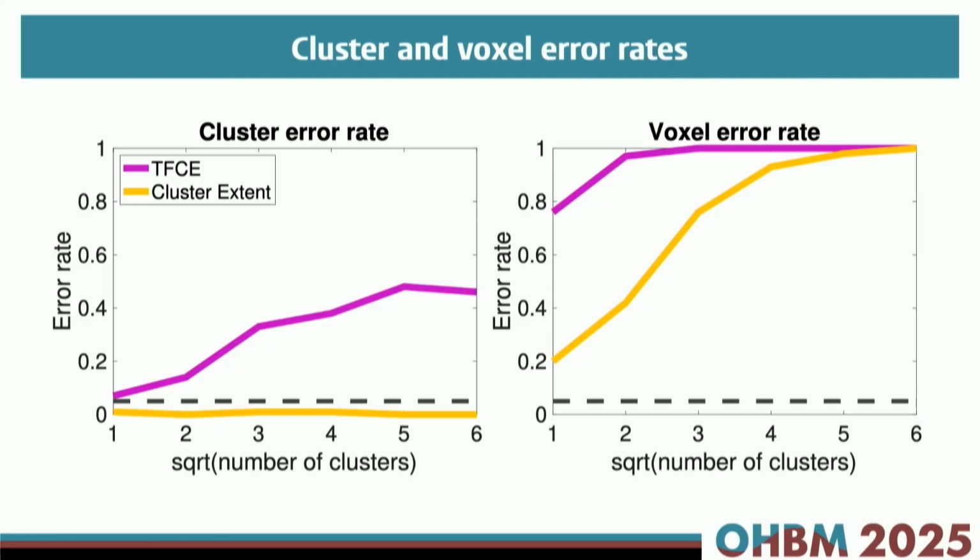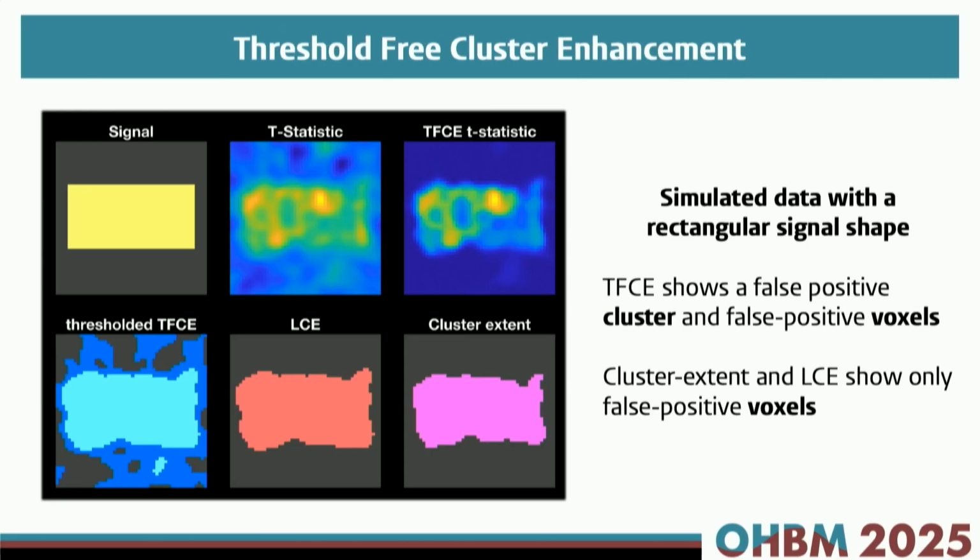So it doesn't really control the cluster error. Both methods do not control the voxel error rate, but this is what we already determined. As you can see from the previous slide, the cluster extent thresholding, the standard method, does a good job in detecting the overall cluster, but it does detect some voxels that are actually not there, and it misses some voxels that should be there, right?